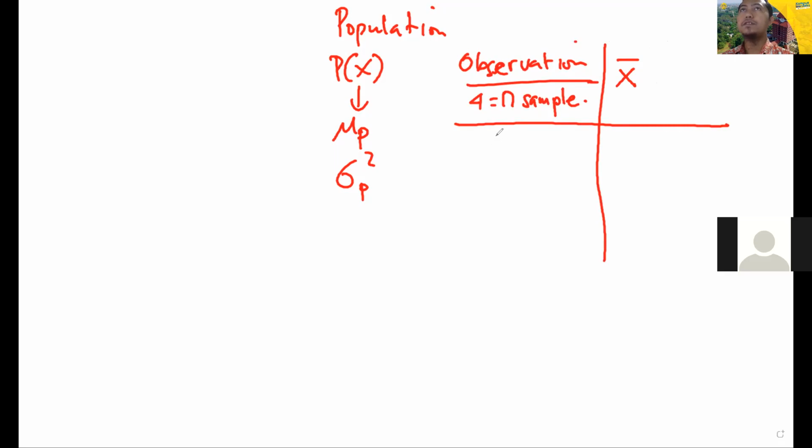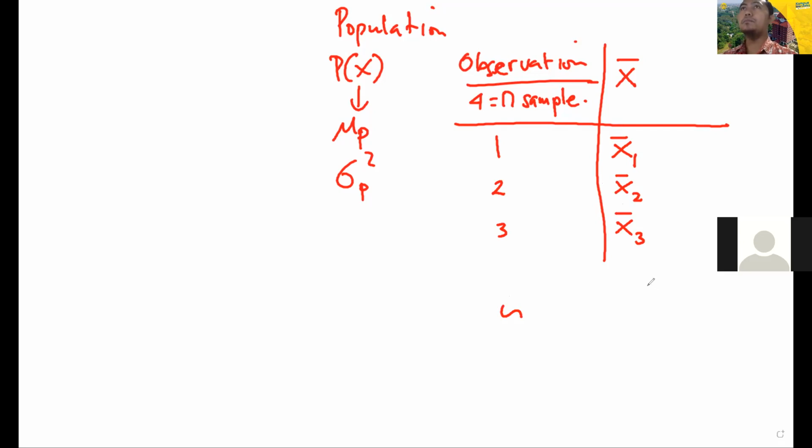Let's say this is the first observation, we get sample mean 1. Second observation, we get sample mean 2. Third observation, we get sample mean 3, and so on, and it can be unlimited.